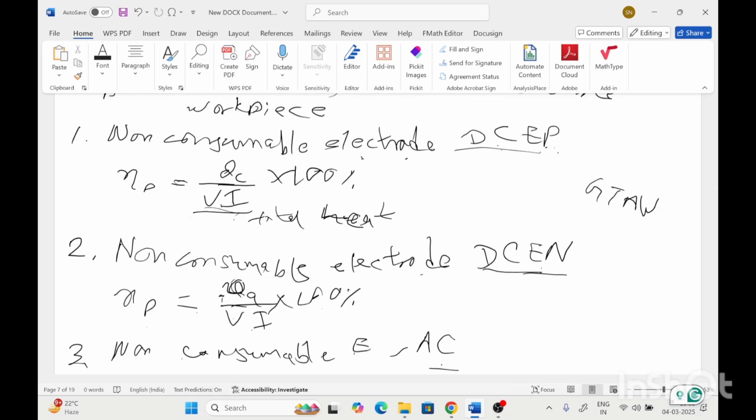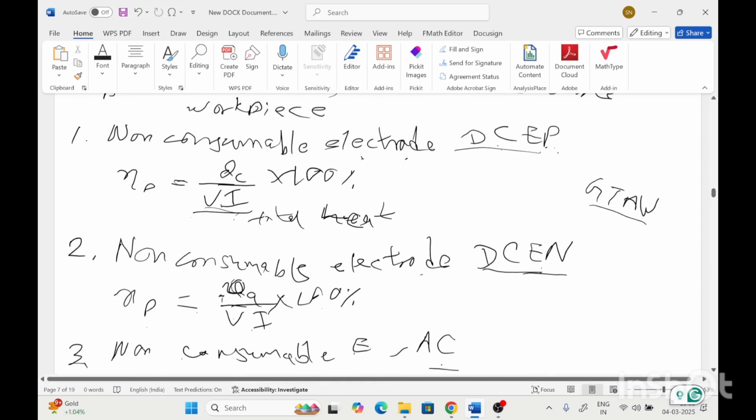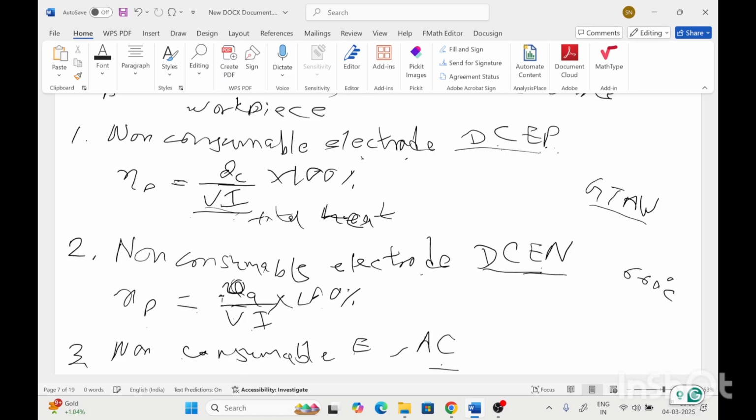And for aluminum welding, aluminum has a melting temperature of 660 degrees Celsius, so the heat input will only depend on the thickness of the workpiece.